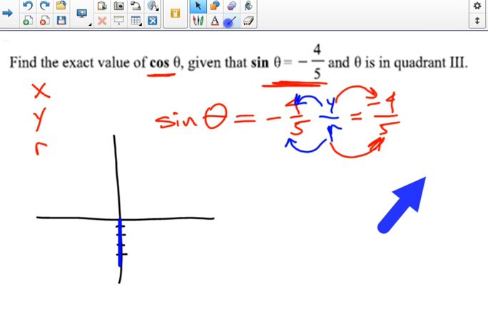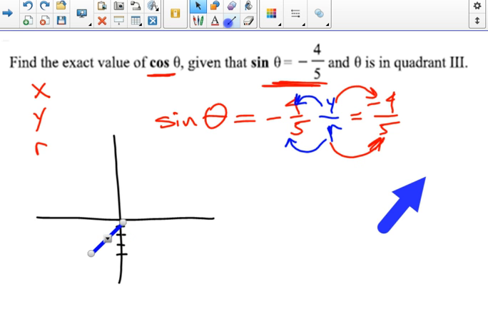But r is the hypotenuse, so it's either going to be over here or over here. Because in both cases, r could be 5 and the y could be 4. So which one is it?